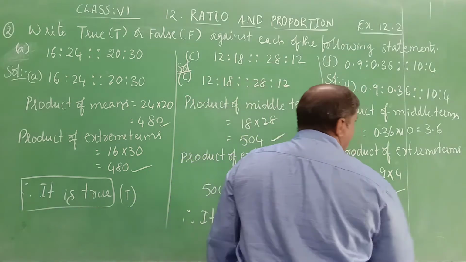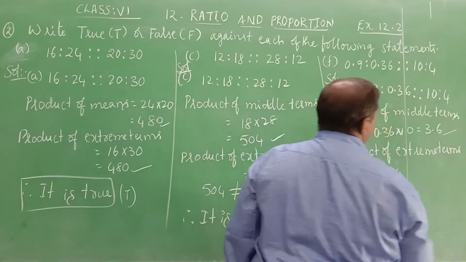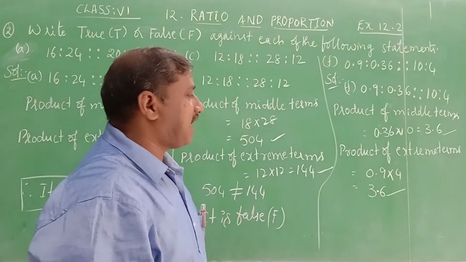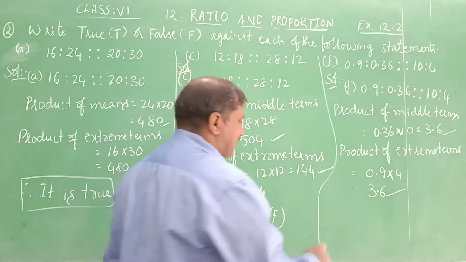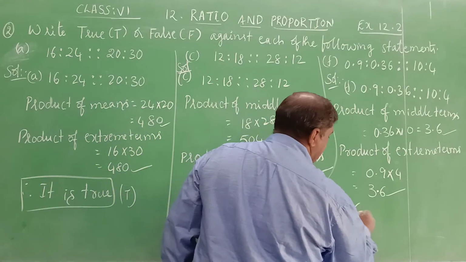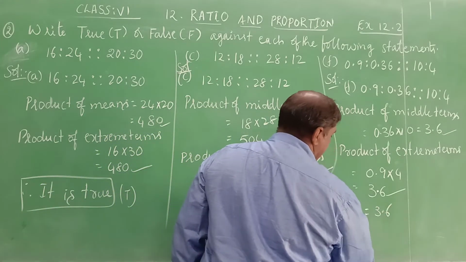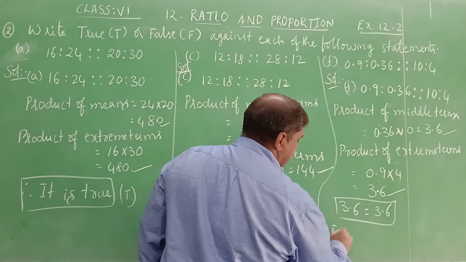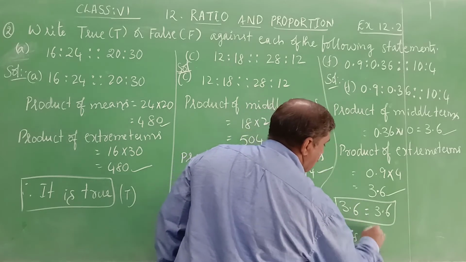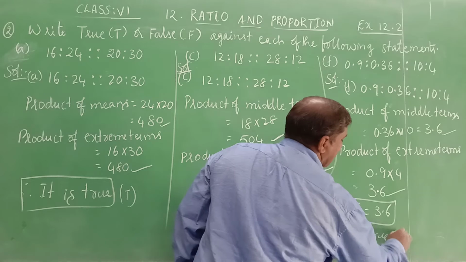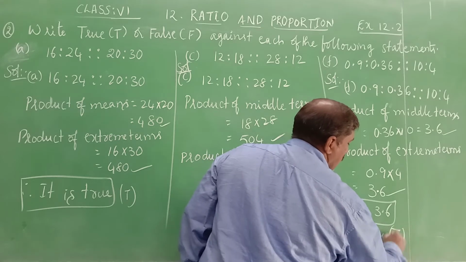Here the product of extremes and the product of middle terms are both 3.6. That is 3.6 equals 3.6. Hence we can say it is true.